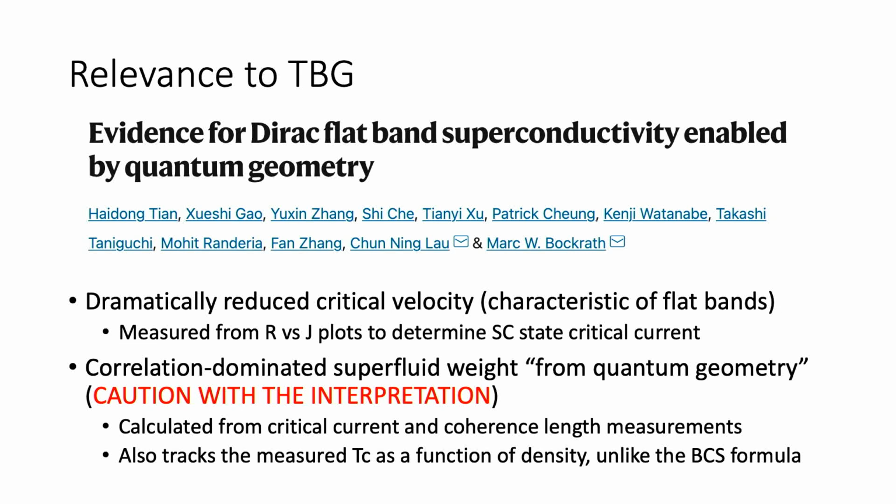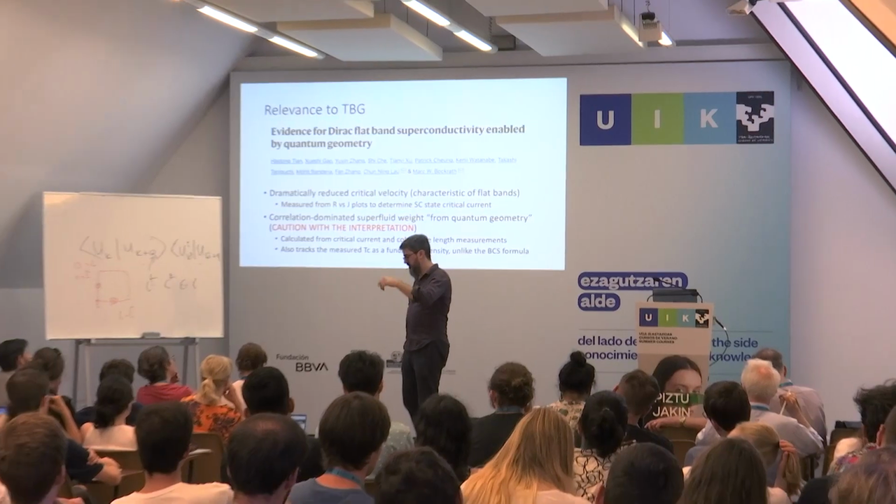Go read the paper if you want, and think of ways to propose other things that are more clear, that will show that twisted bilayer graphene superconductivity has something to do with quantum geometry. I personally thought it has, then I didn't think it has, and now I still don't think it has, because in TBG the quantum geometric effects show up only when you have 10 millielectron volts bandwidth.